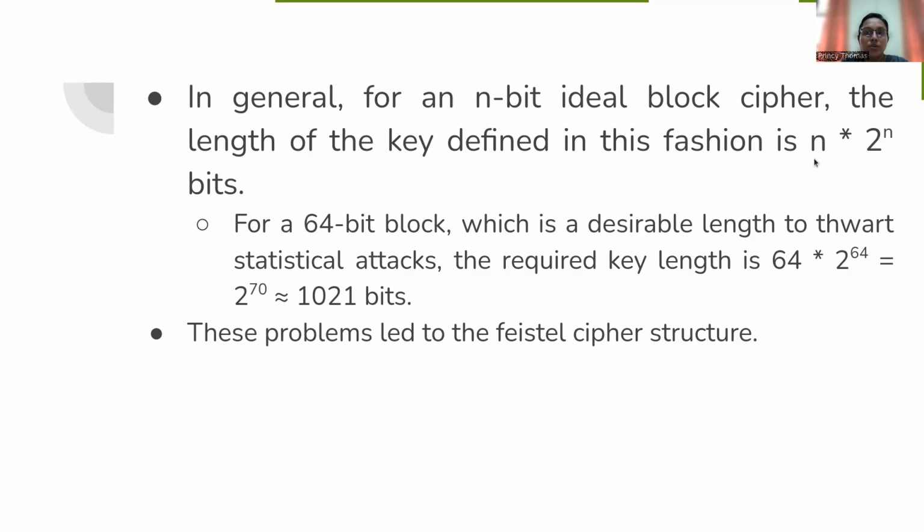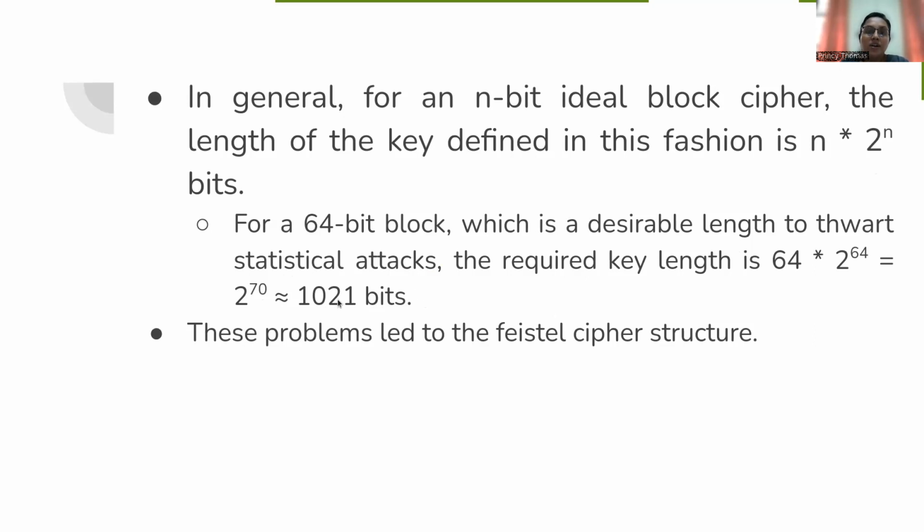If you are taking a 64-bit block, then the size of the key, for it to be resistant to statistical attacks, must be 64 into 2 raised to 64 bits. So over here, it is approximately 2 raised to 70, which is equal to 10^21 bits. So the key should at least be this much for it to be resistant to cryptanalysis.